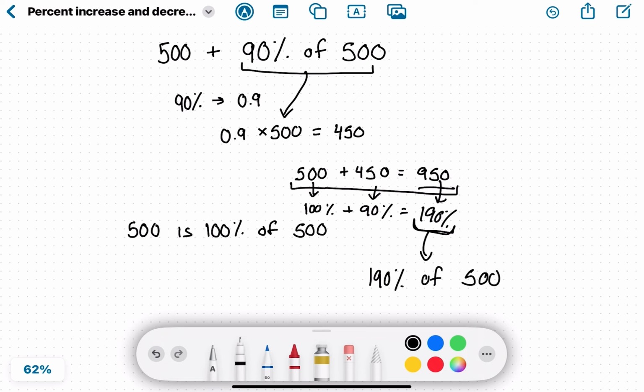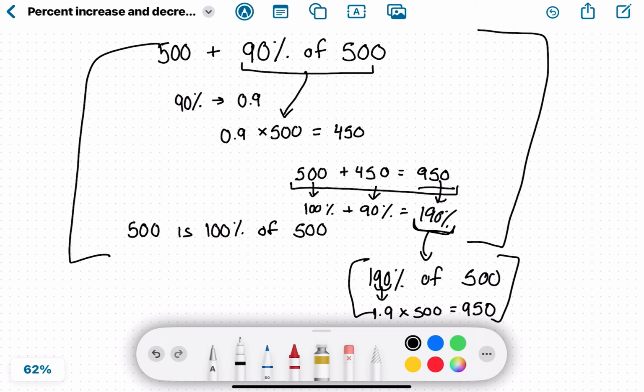Very easy. 190 converted into a decimal. So boom, 1.9. Then you take that 1.9, multiply 500 by it. 500 times 1.9, once again, 950. For this, we had this much work. And for the other method, we had all of this work. This seems easy, right?